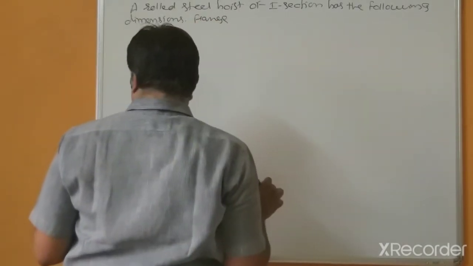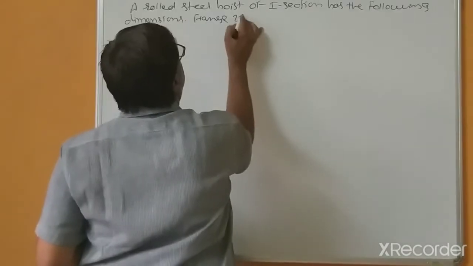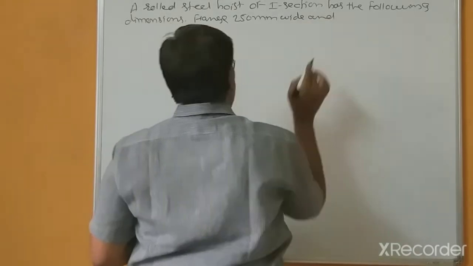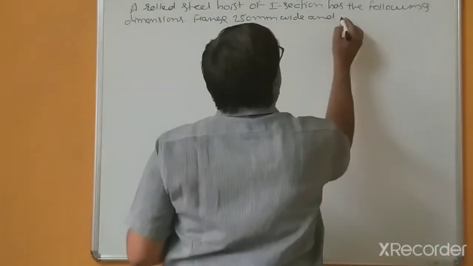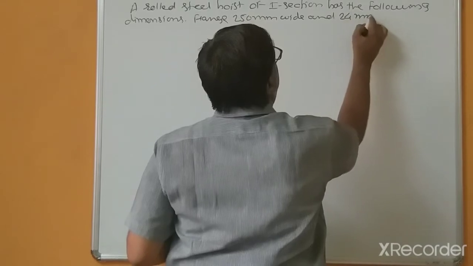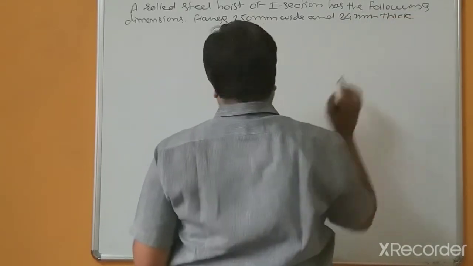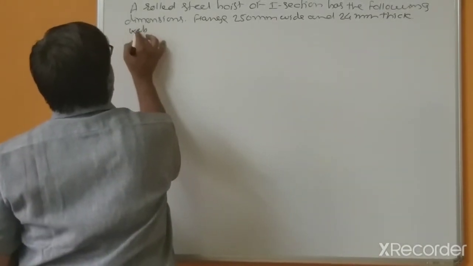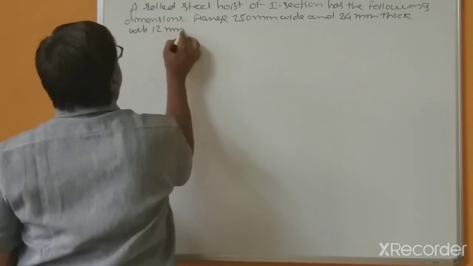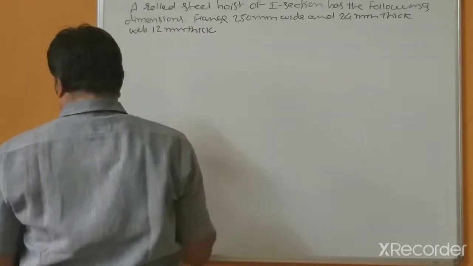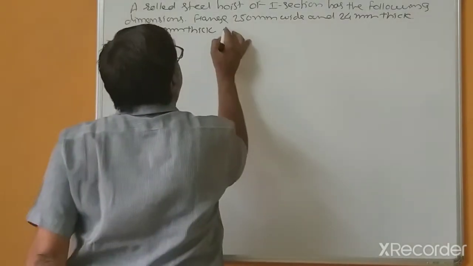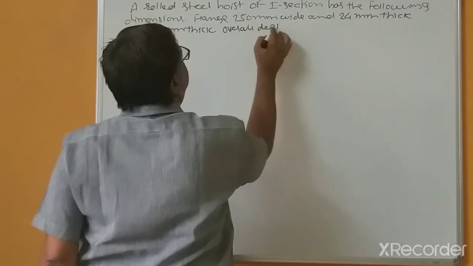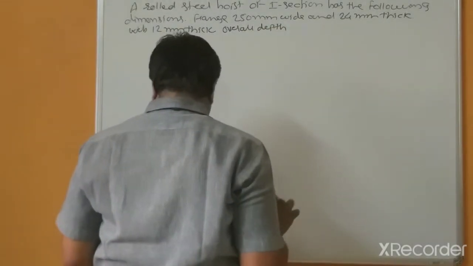Flange 250 mm wide and 24 mm thick. Web 12 mm thick. Overall depth 600 mm.